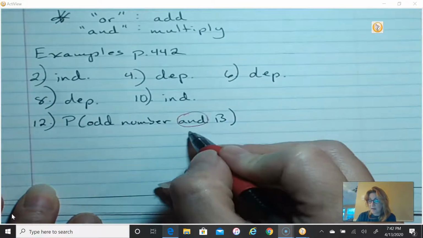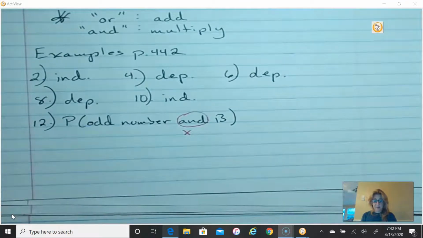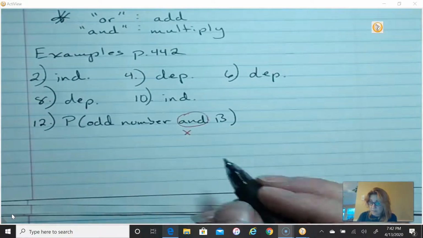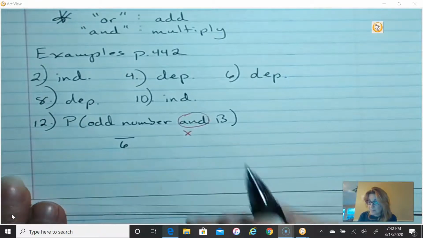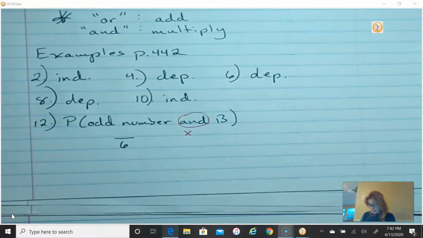Remember, and means multiply. All right, so an odd number. How many total do you have on that spinner? There's a total of 6. And how many odd numbers are there? 1, 3, and 5 are odd numbers.